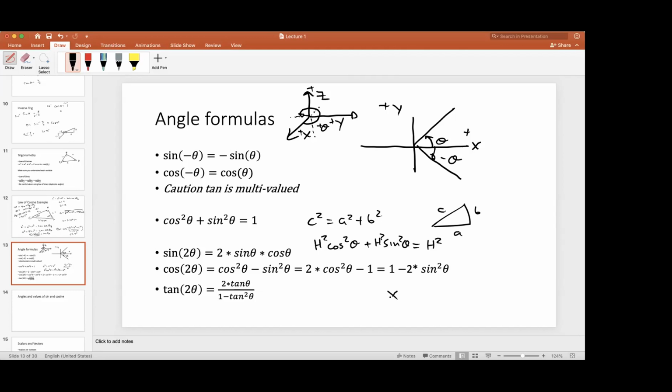This is super helpful as well. Let's say I have a function that is x plus cos of x is equal to 5. Can I solve this? Maybe. I may or may not be able to solve that. Better yet, what if I have sine of x plus cos of x is equal to 5? Can I solve that? And the answer is no, I cannot.